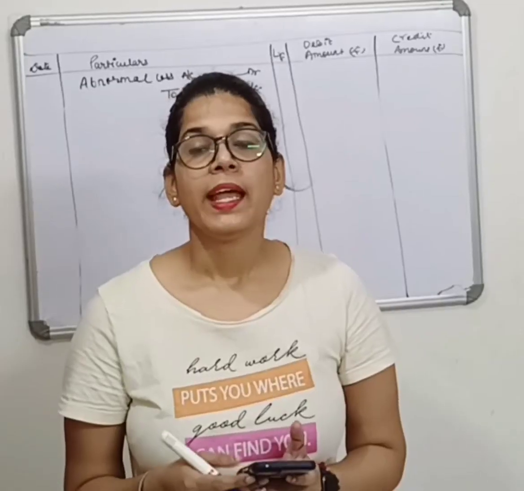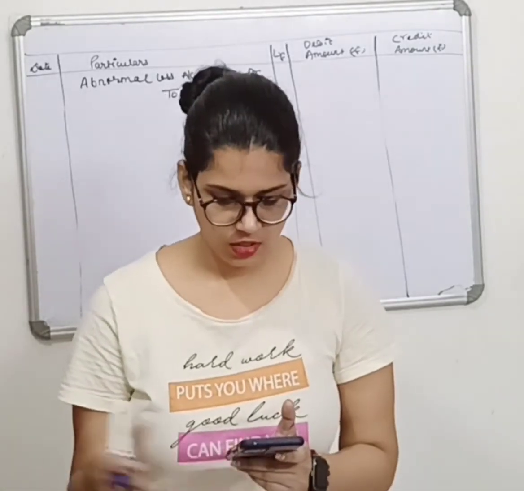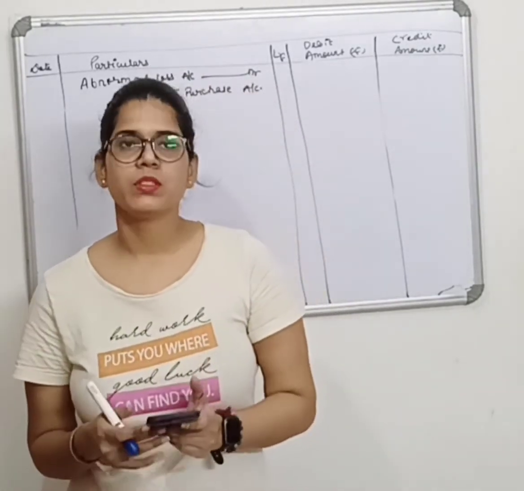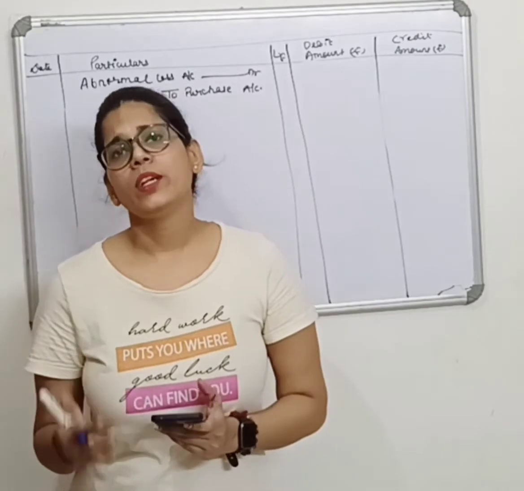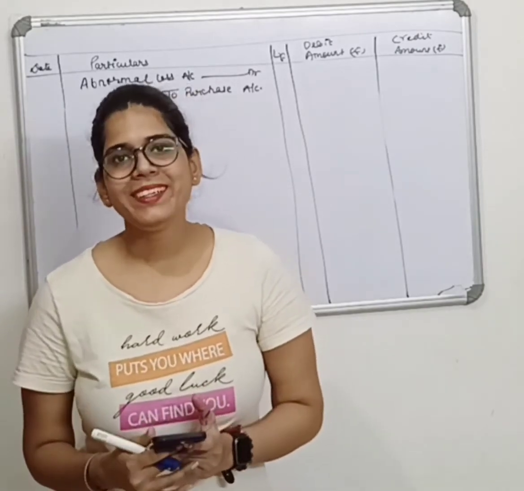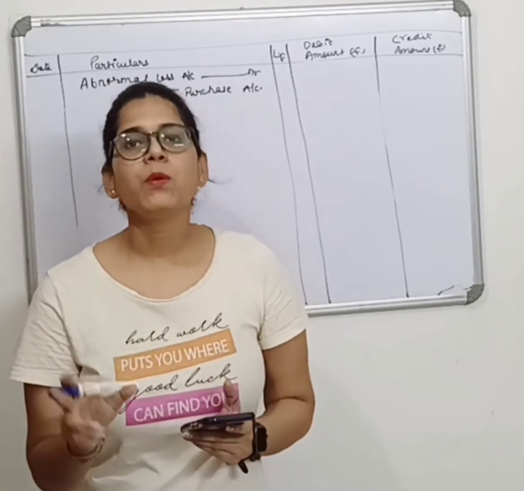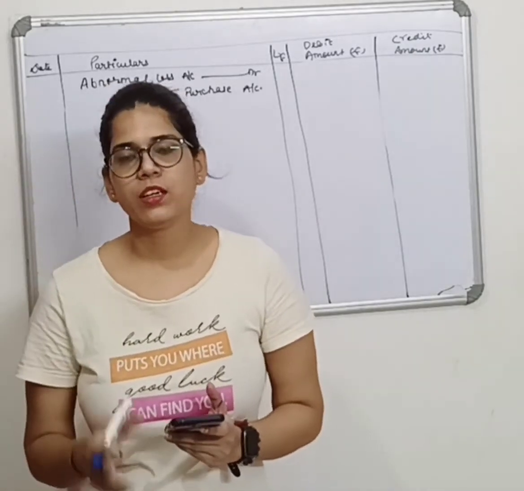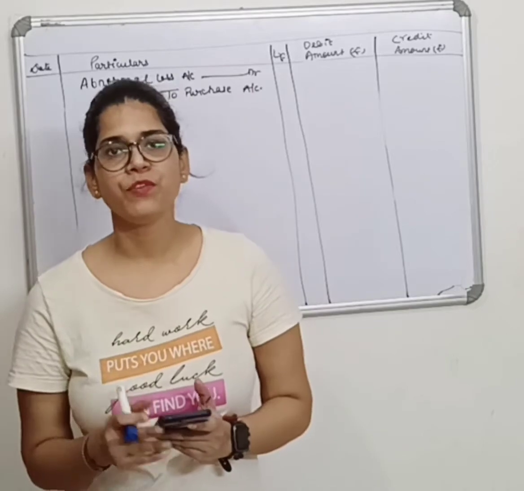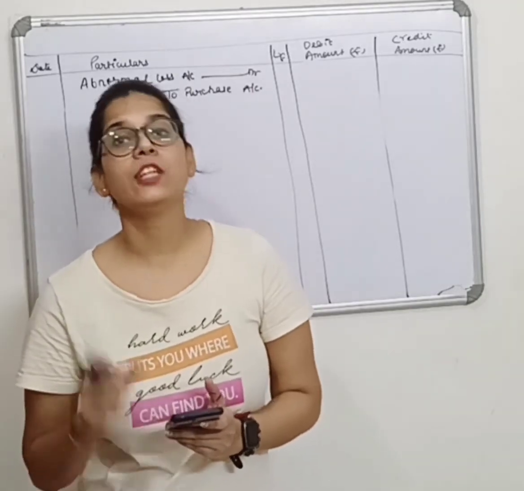Okay. Now the next entry is withdrawn rupees 4,000 from business for personal use. Basically what happens, many times the proprietor draws money from business for his personal use. Money or stock withdrawn for personal use is treated under the head drawings.